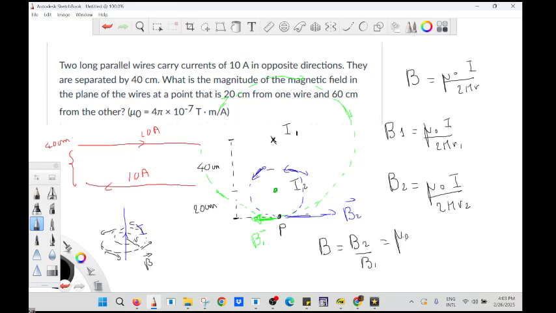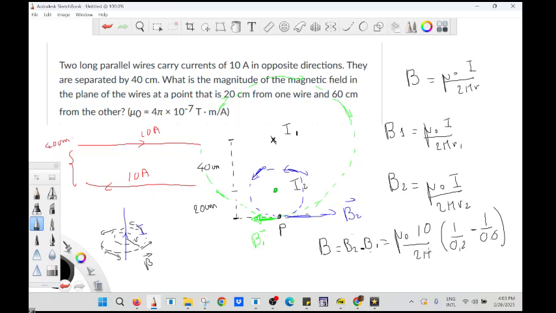Okay, so you can factor out mu0 I over 2 pi, where the current is 10, and then we have 1 over 0.2 minus 1 over 0.6. And I don't know why I divided here. It's a minus, right? It's going to be B2 minus B1.